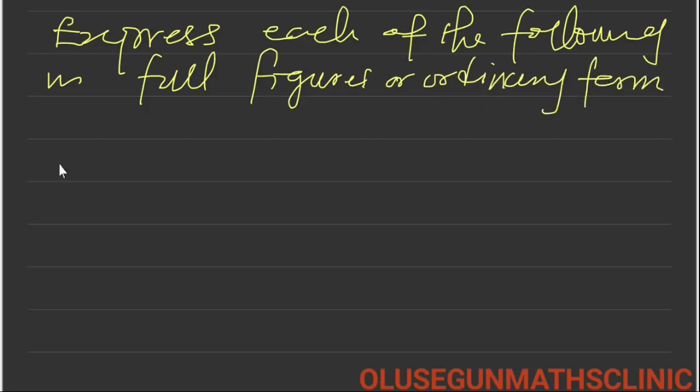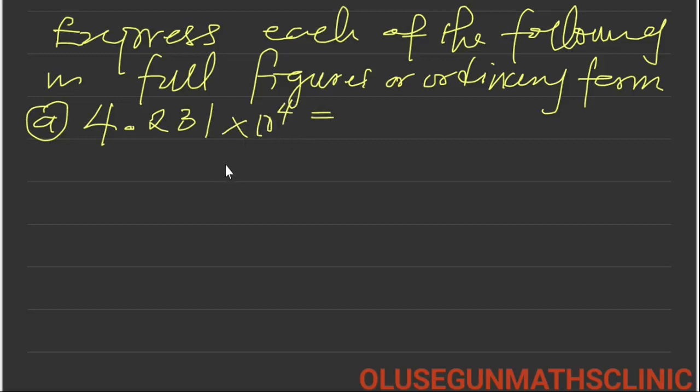Now, you want to express it. Let's firstly solve for A. For example, we have 4.231 times 10 raised to power 4. We want to rewrite this in an ordinary form or full figure.